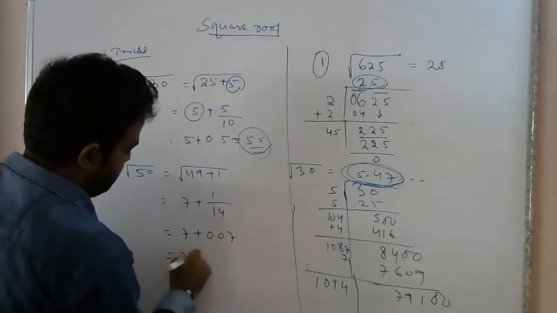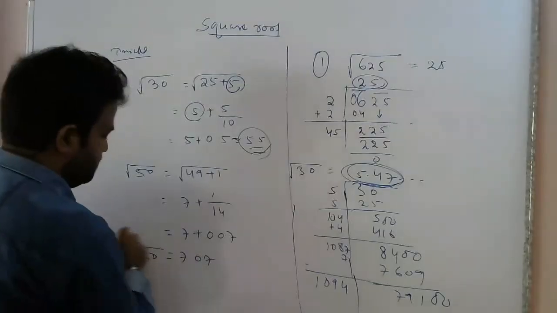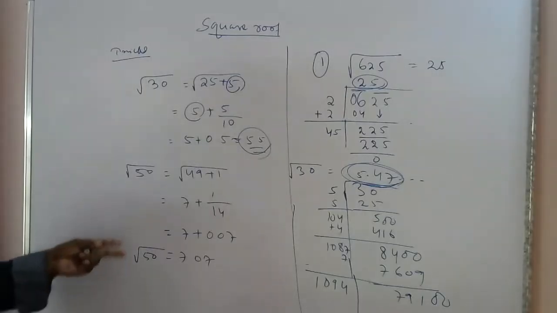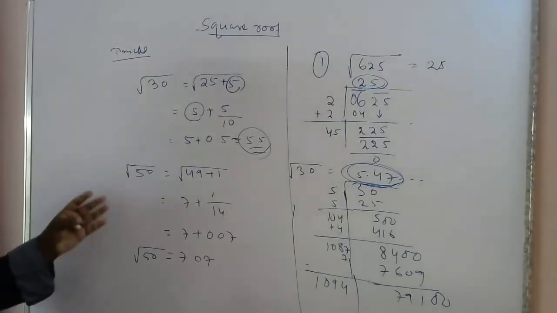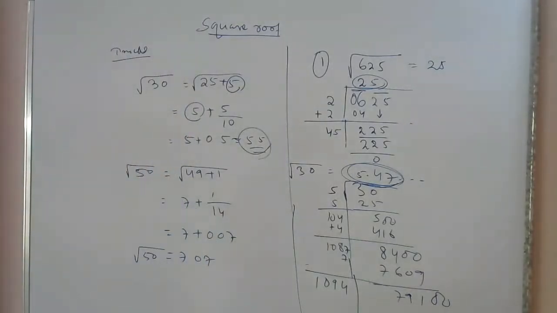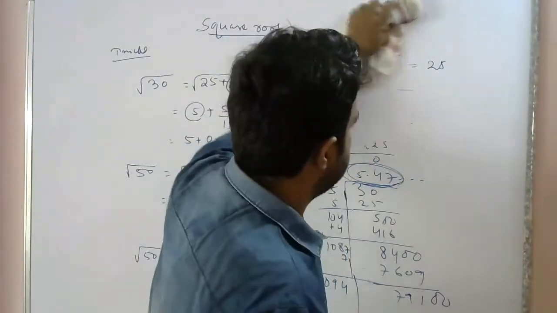So approximately 7.07 is the square root of 50. Now you can try the long division method and check whether you are getting the same number or not. This is the last one we'll do. Then I think all of you are clear how to do this type of long division. Long division is a perfect method.